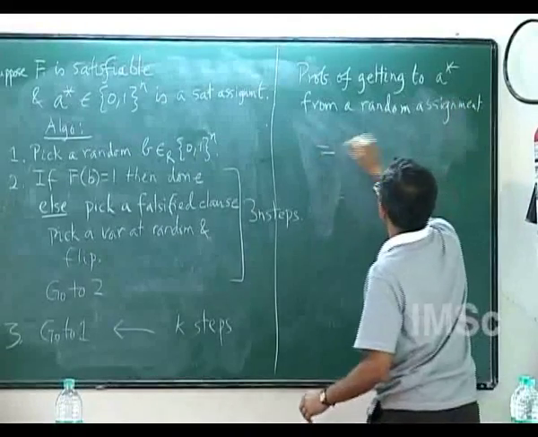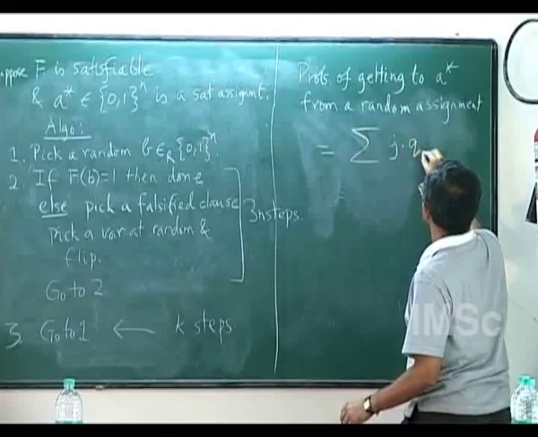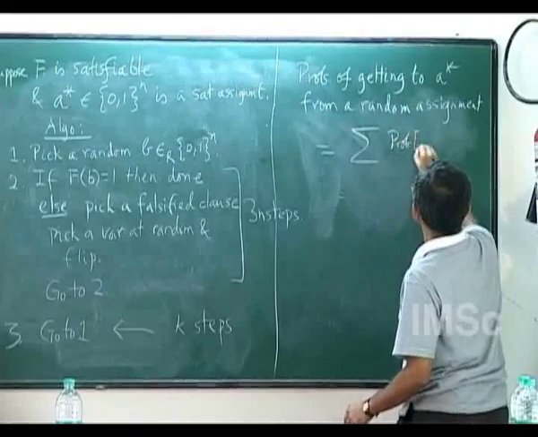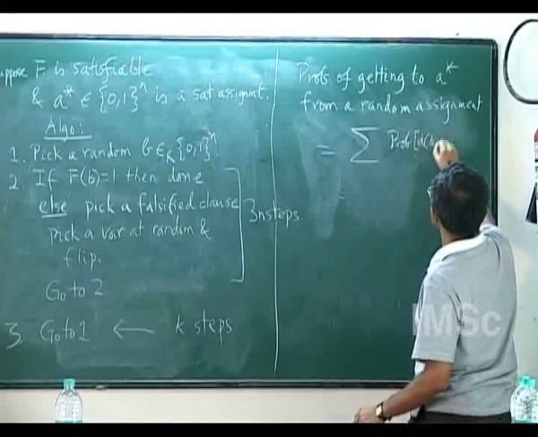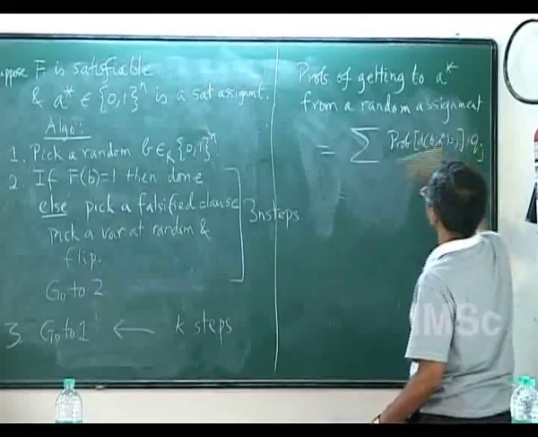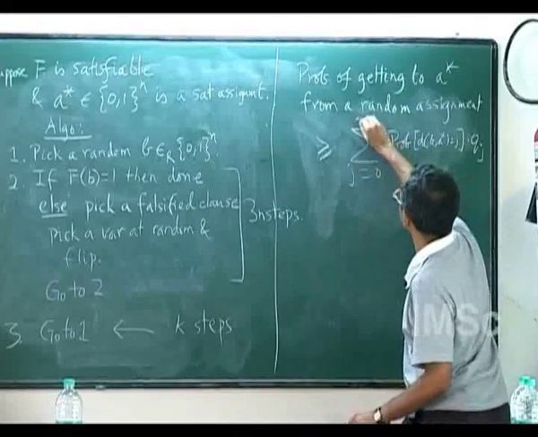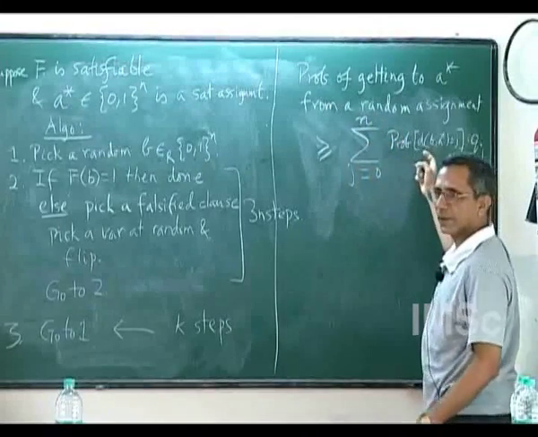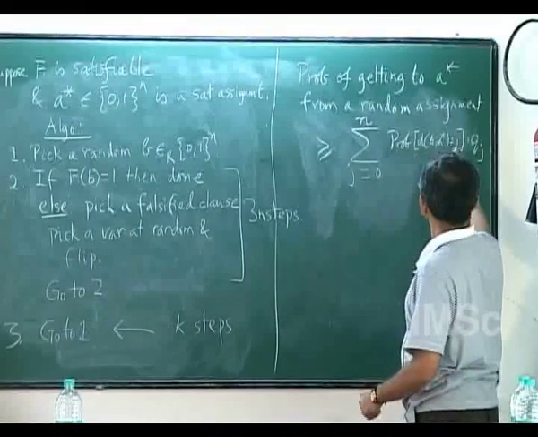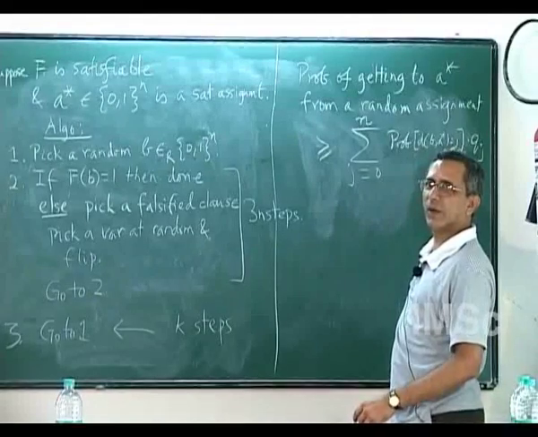It is just the summation of the probability that the distance between B and A star is j, multiplied with Qj. It's at least this much, and j can be anything from 0 to n. Correct? Because you picked a random assignment B. And what is the probability that you are at distance j? It's n choose j times 1 by 2 power n.